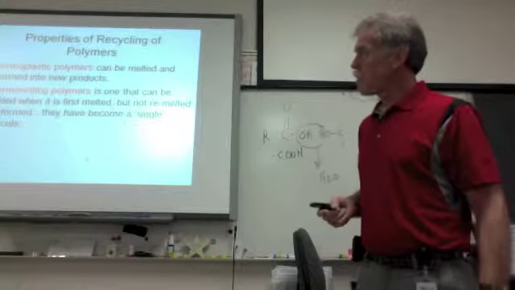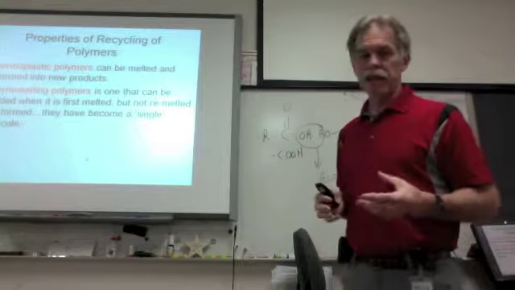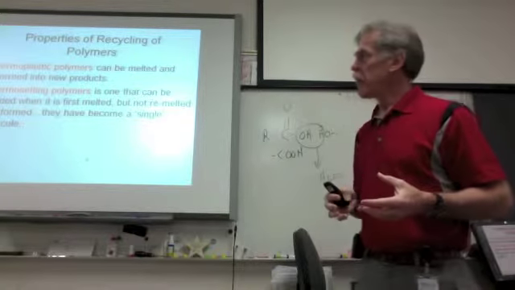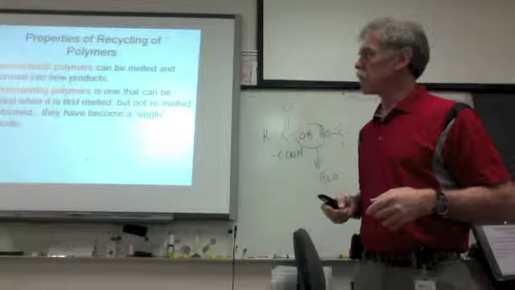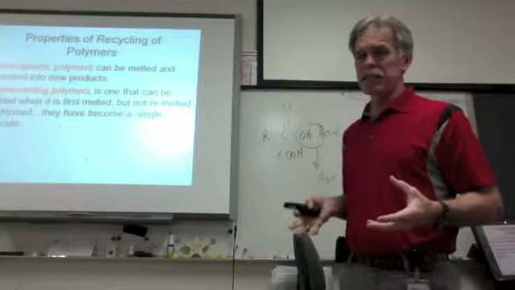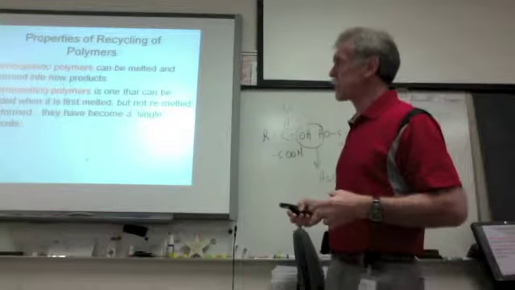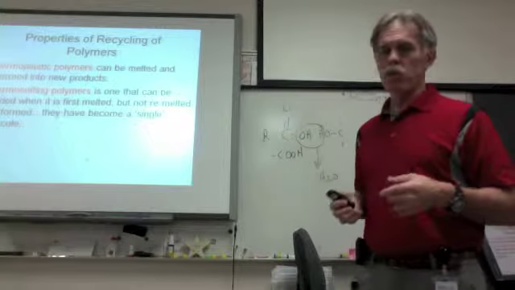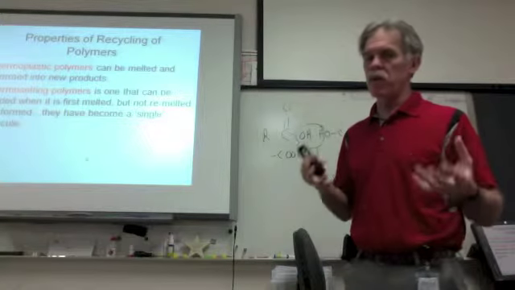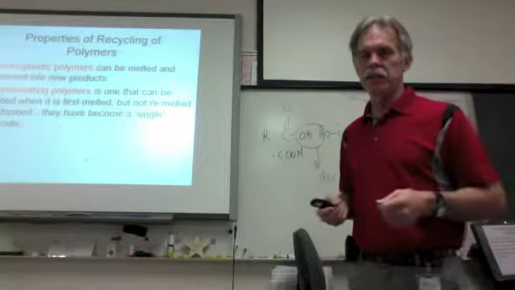So I'm going to finish up the last section talking about polymers and the properties of those. Two main types of plastic polymers. One is a thermoplastic polymer, and that can be remelted and formed into new products over and over. That obviously is the best choice.